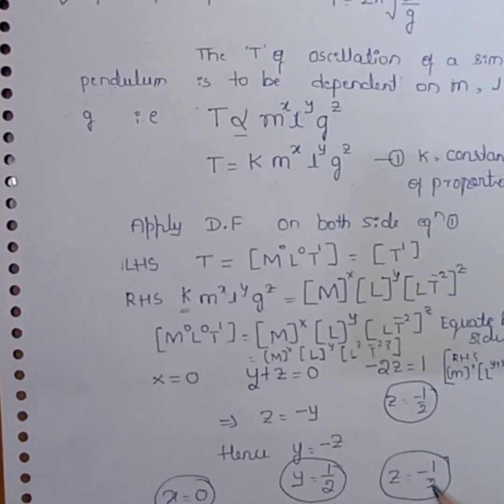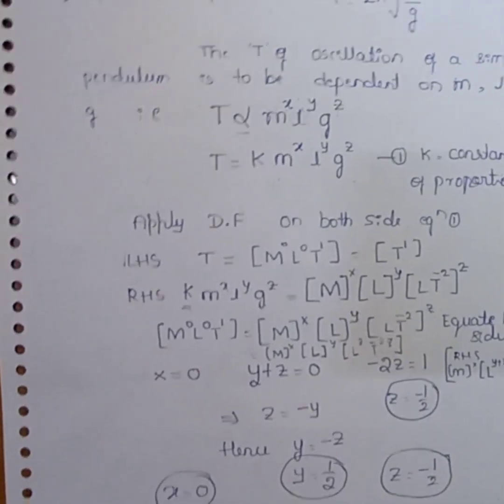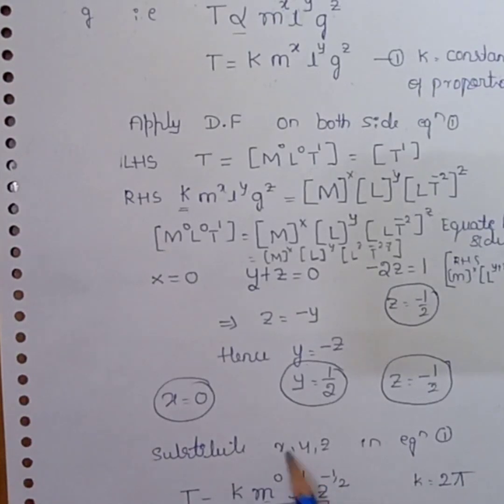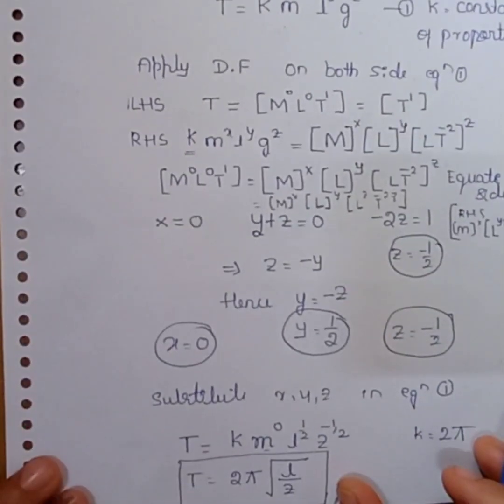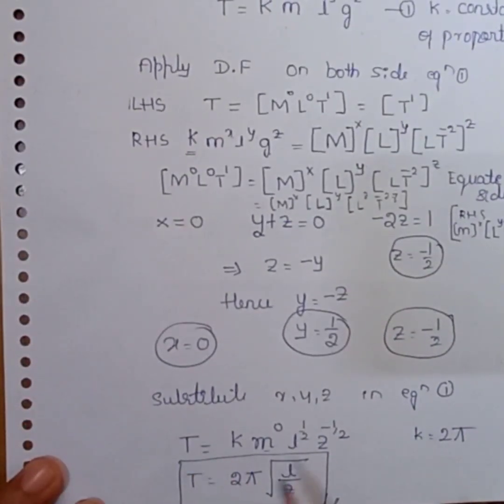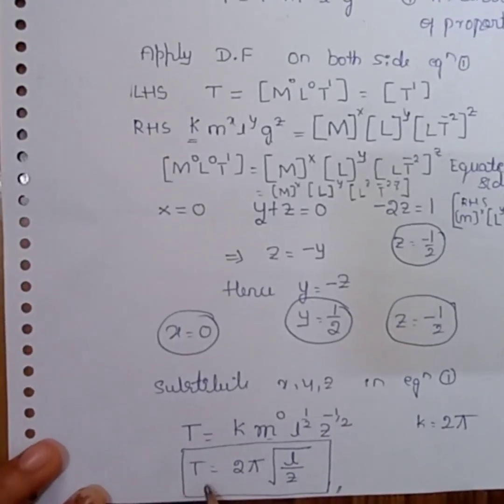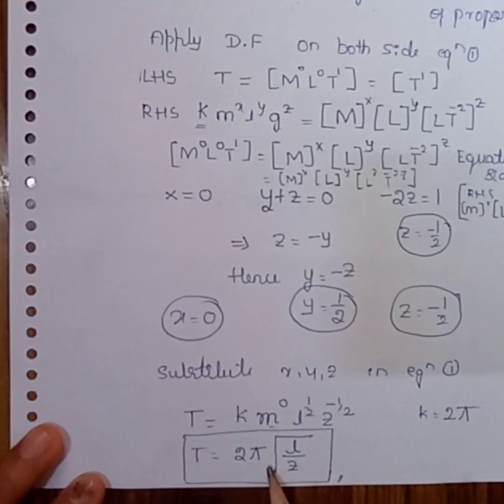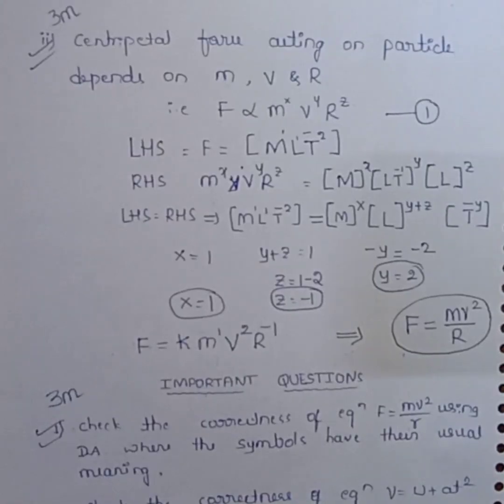Then by substituting all the terms x, y, z in equation 1, we get T is equal to k into m to the power of 0, L to the power of 1 by 2, and g to the power of minus 1 by 2. It becomes T is equal to 2π into square root of L by g. Here 2π is the constant of proportionality k.